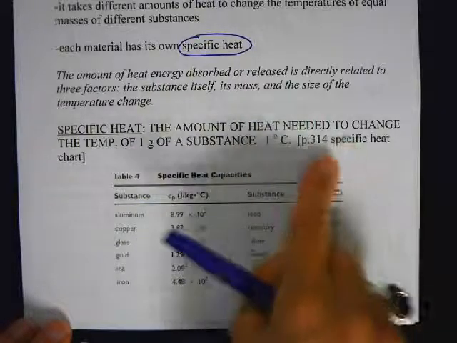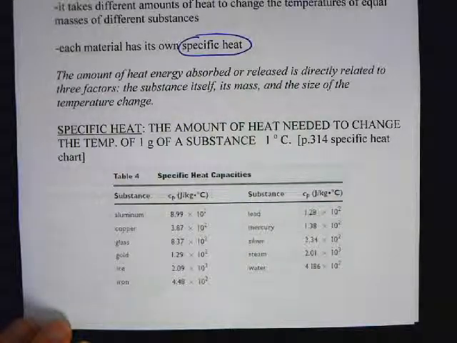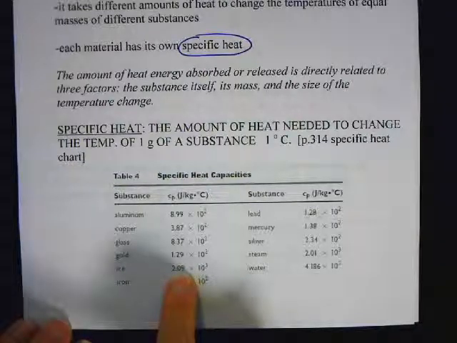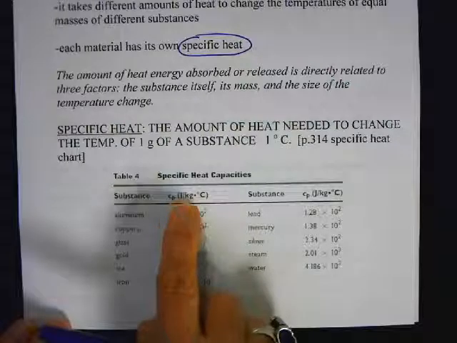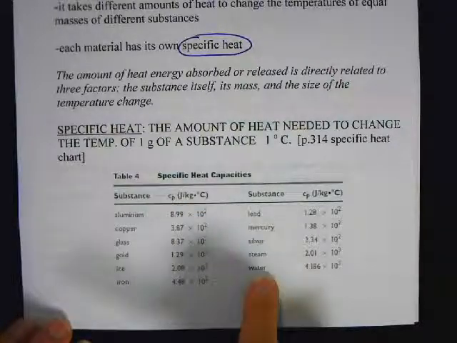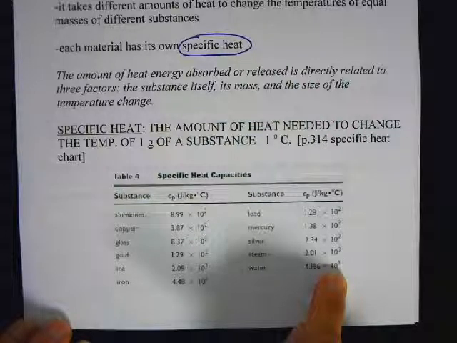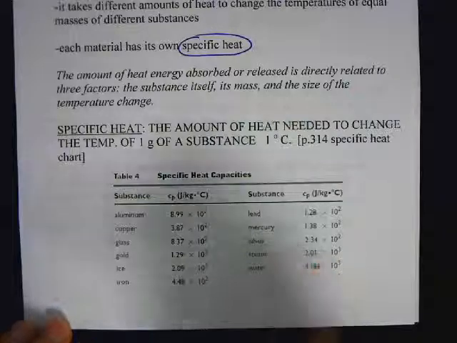Now this is in your book on 314. I cut and paste the chart from your book. So the specific heat of ice is 2.09 times 10 to the third joules per kilogram per degree Celsius. For water, it's 4.86 times 10 to the third. And then for steam, it's 2.01 times 10 to the third. Okay?